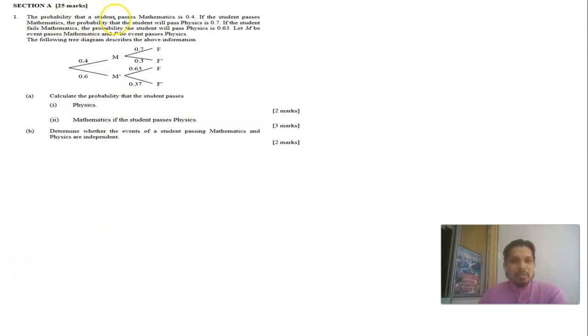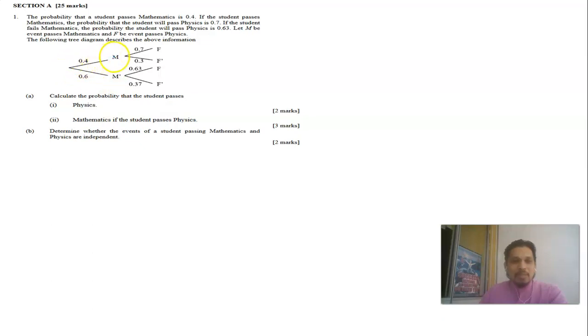the probability that a student passes mathematics is 0.4. If the student passes maths, the probability that the student will pass physics is 0.7. You may read the whole question by yourself and look at this one here. This we call the probability tree diagram.